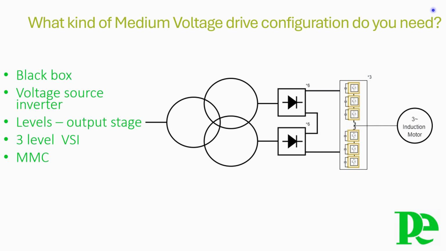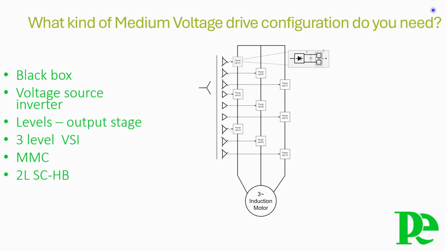We can state that this drive delivers a superior sine wave output voltage and current, thereby eliminating harmonic heating and insulation stress on the motor, and reducing significantly the torque pulsations to levels lower than 1%. Next in our topology overview is the 2-level series connected multi-level cascaded H-Bridge cells topology.